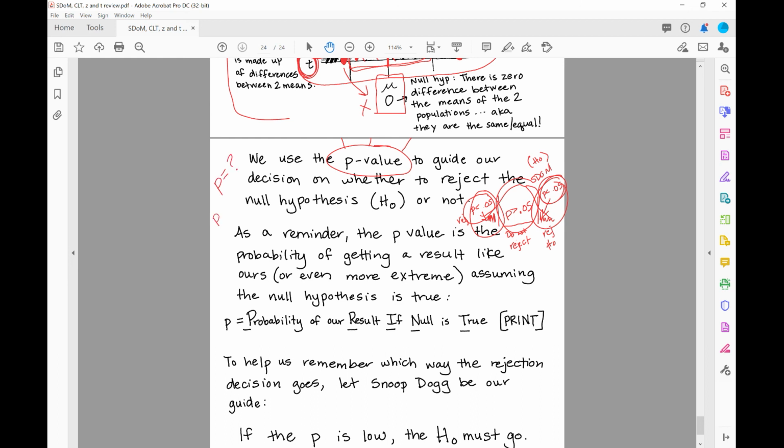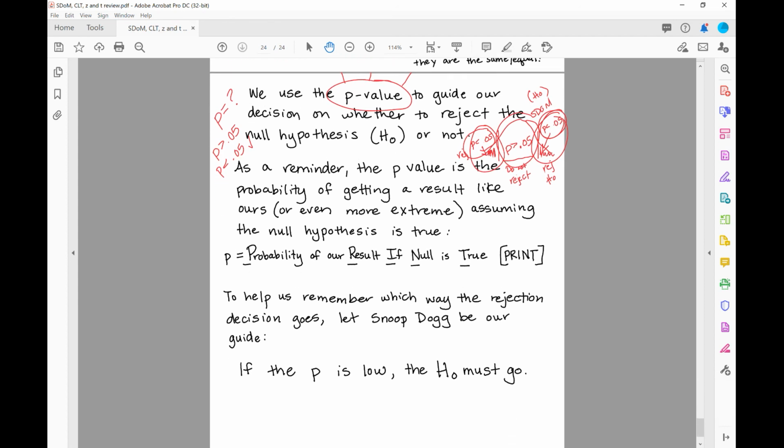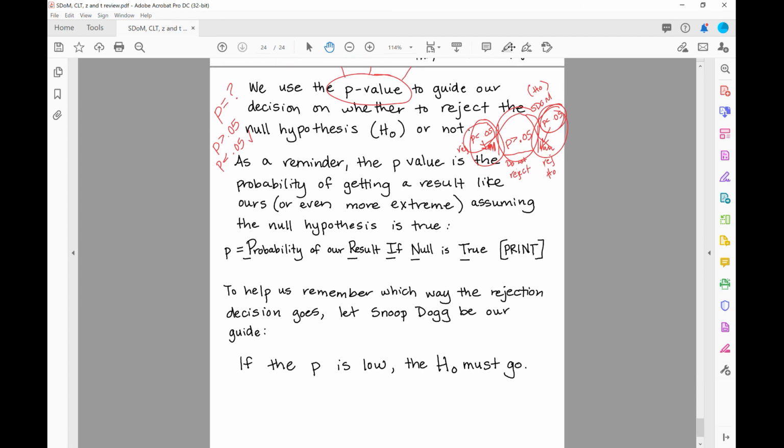If it's above 0.05, we can't reject the null. If it's below 0.05, we do reject the null. So we use the p-value to guide our decision on whether to reject the null hypothesis, H0, or not. And you're going to hear me start referring to this as Ho, because it looks like Ho, right?